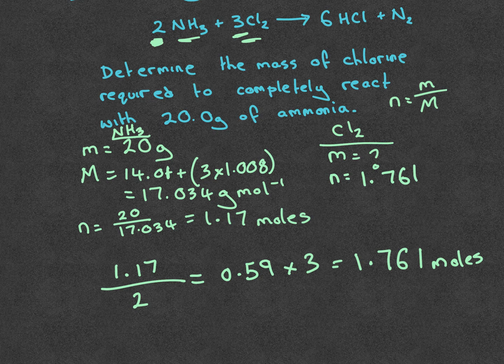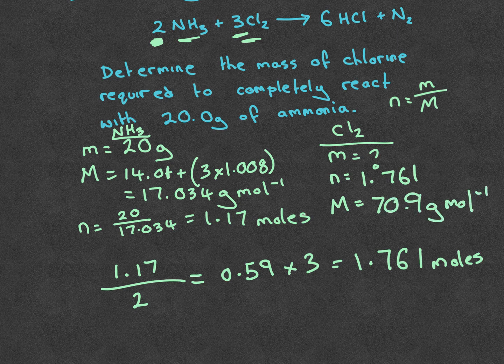If we want to work out the mass, we're going to need the molar mass as well. The molar mass of chlorine is going to be 2 times 35.45, which equals 70.9 grams per mole.